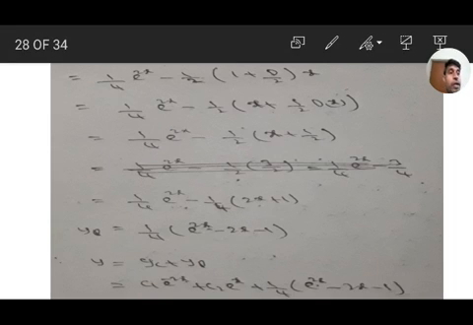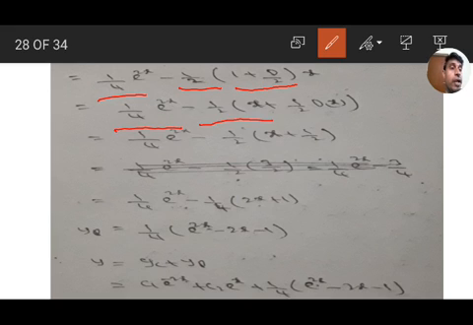Next, with only d by 2, we get 1 by 4 e to the power of 2x minus 1 by 2, 1 plus d by 2 of x, because we neglect the remaining terms. So 1 by 4 e to the power of 2x minus 1 by 2 into 1 into x plus 1 by 2 d of x.